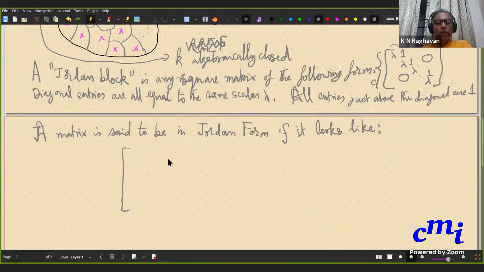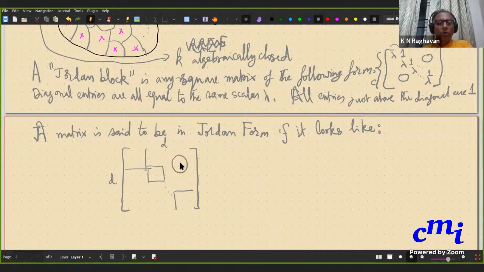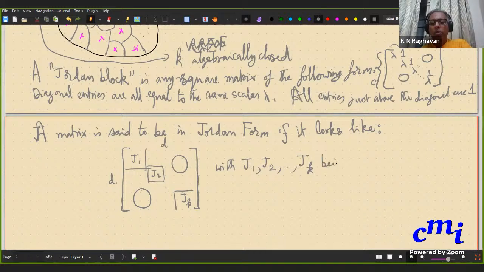You have a big matrix, let's call it D by D, and it is made up of smaller matrices. These are all 0, these are all 0, and what you have here is J1, J2, up to Jk being Jordan blocks of possibly varying sizes.